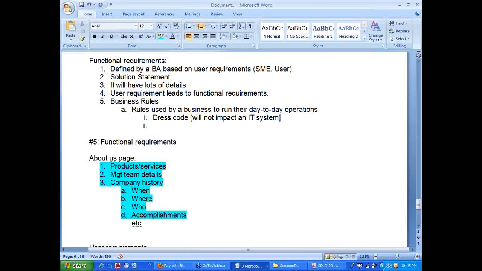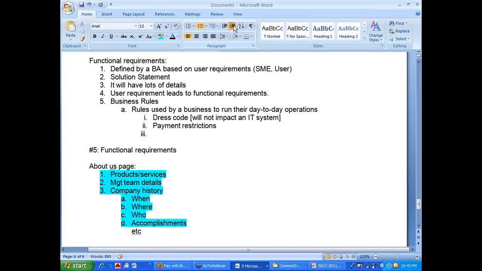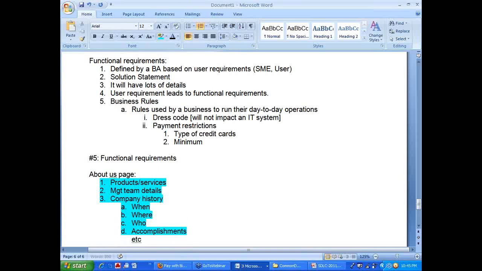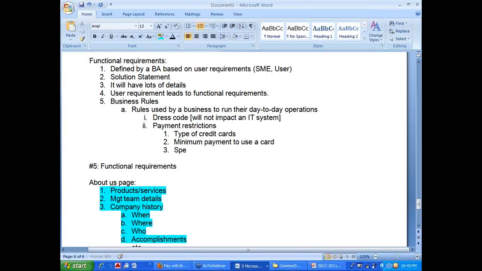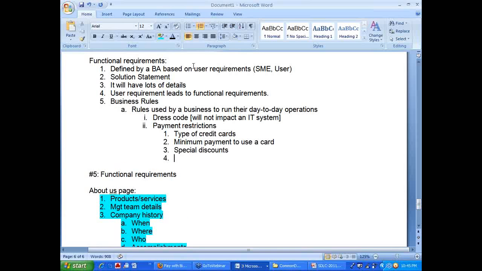What will impact an IT system? Things like payment restrictions, like what card can be used, type of card, minimum payment, special discounts. These are called business rules because these rules are laid down by the business.